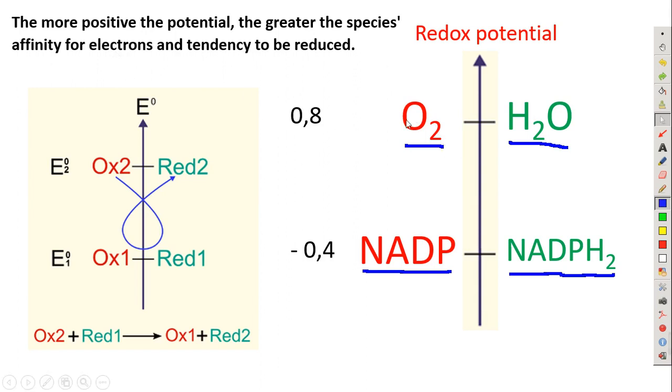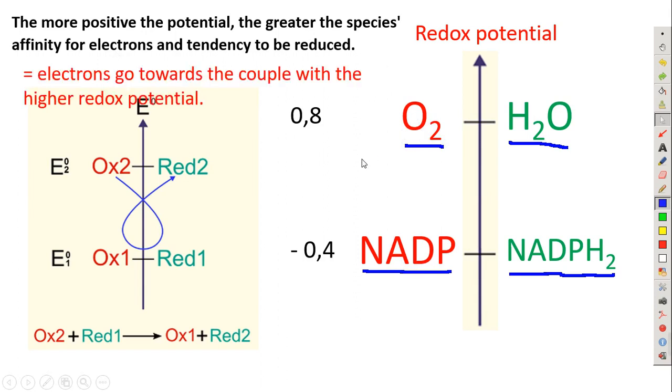So this means that dioxygen has a bigger capacity of taking electrons than NADP. So therefore it's dioxygen which will take the electrons. So the electrons go towards the couple with the high redox potential, so electrons will go to O2 rather than going to NADP.